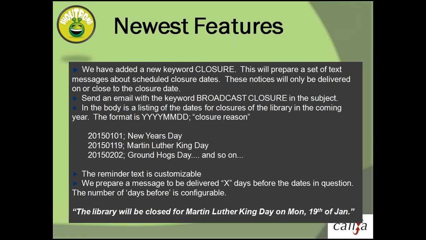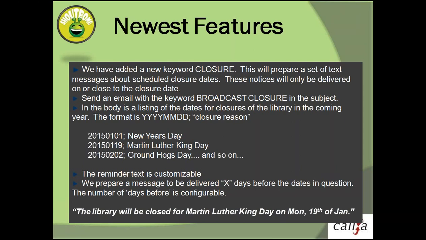We would queue all these messages to be delivered to all the patrons, similar to broadcast. Closure is a subset of broadcast messages. So on Martin Luther King's Day, on the 19th, on Monday, they would get a message saying the library is closed. On the 4th of July, they would get the message. But you would just have to do this once at the beginning of the year.